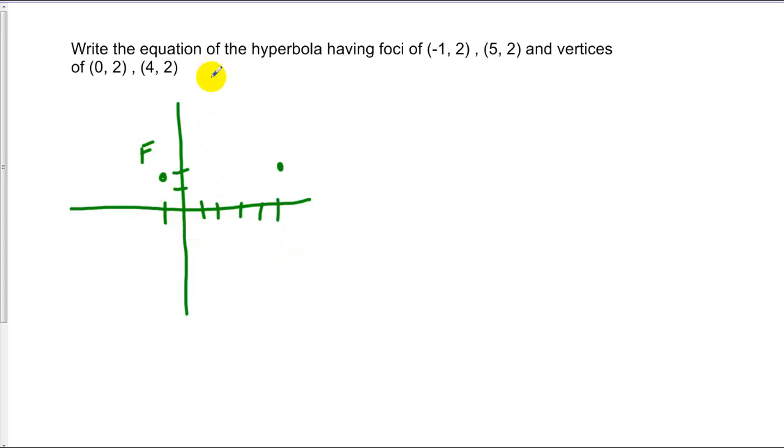Since I know those are my foci, I know this has got to be opening sideways since the foci are within the hyperbola. I also know my center has to be midway between these 2 points. I've got a total of 6. So 3 either way is going to give me my center point, which in this case is going to be 2, 2.